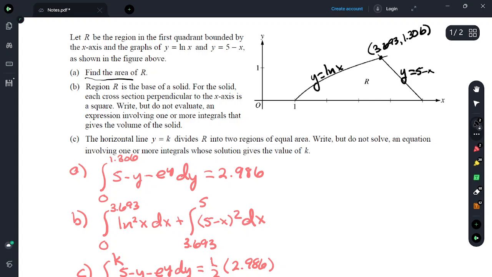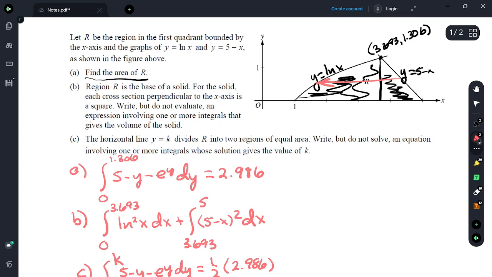Find the area of R. Well, we could split this up into the area under this curve to here, and then the area under the curve to here. But it's probably better just to go right minus left.